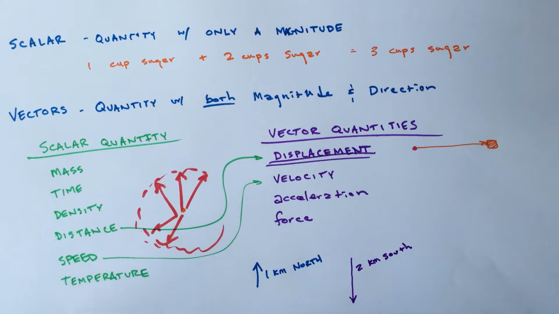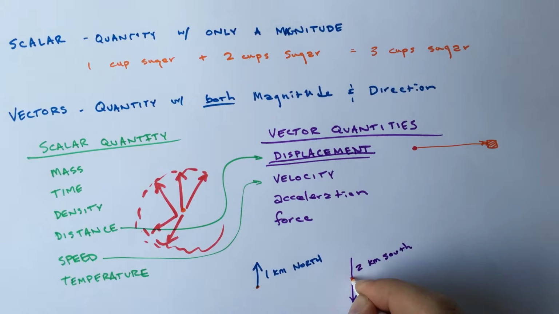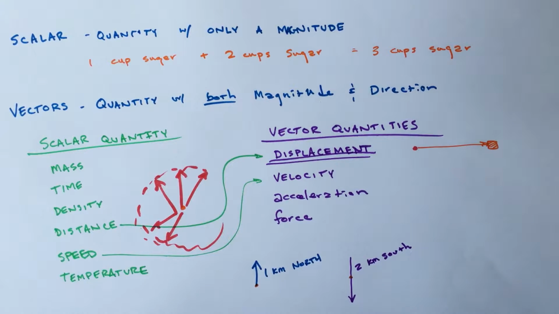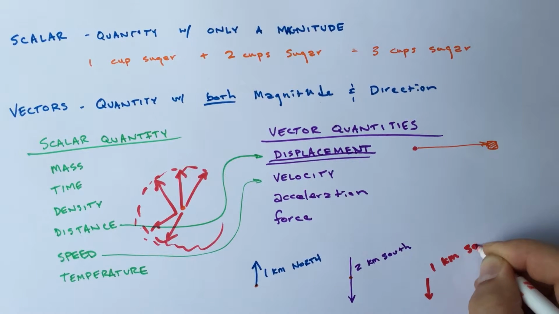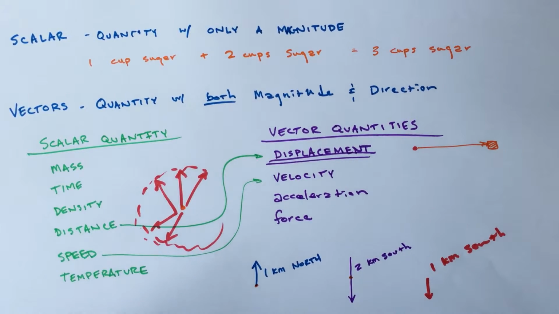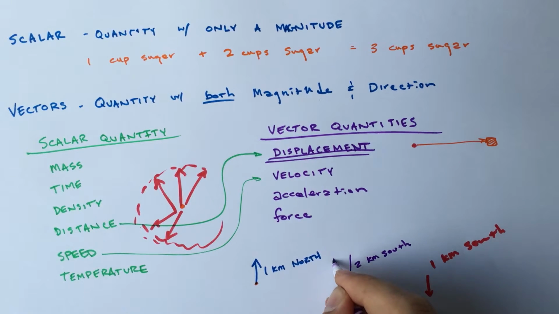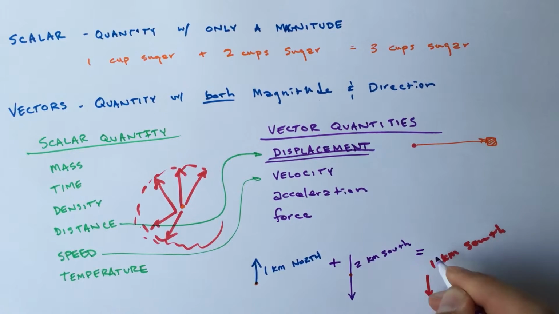Can you see that from the origin, from the point that I started, I would actually end up 1 kilometer south. So in vector math, you could say that 1 plus 2 is equal to 1, and that's screwy.